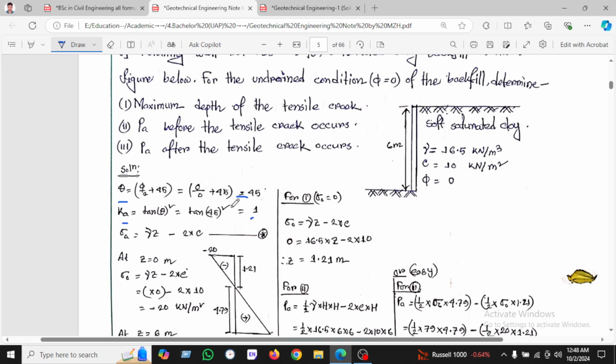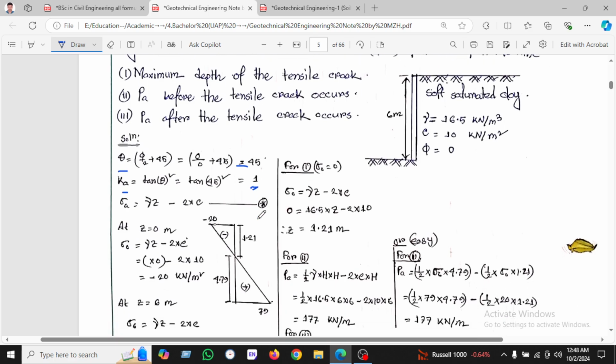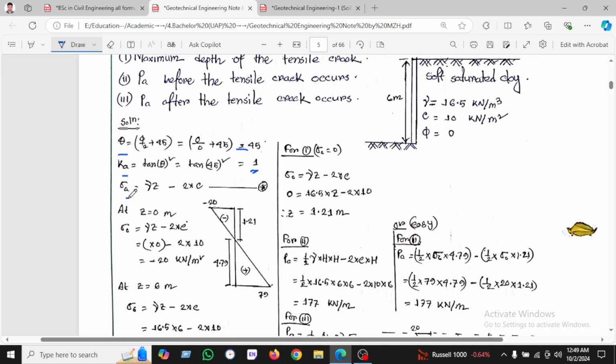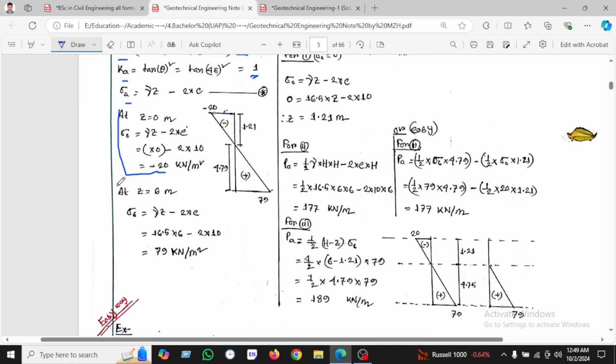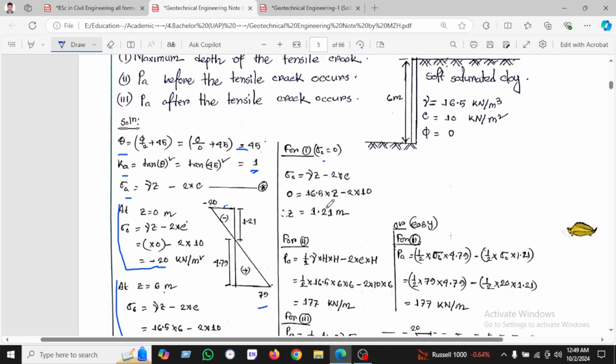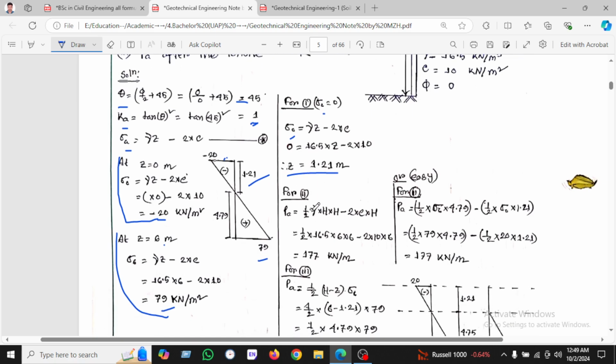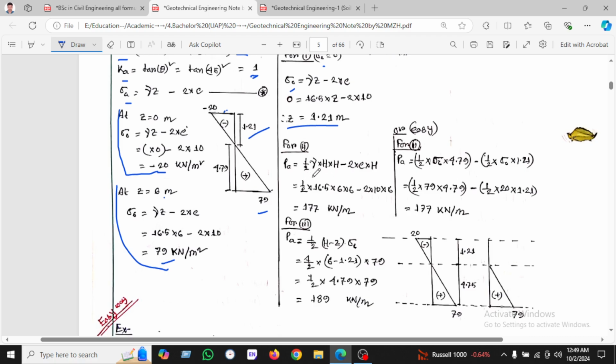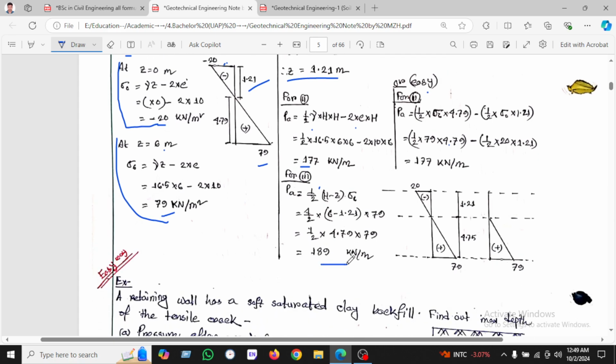If you use 1 minus sin phi by 1 plus sin phi, then we will see the value will be 1, and when z equal to 0, then we can find the stress minus 40, and when z equal to 6, then we can find the stress 49, and for 1 we can see the stress equal to 0 and z equal to 1.21, and for 2, up into height, found 177, or in this way you can use there, and from 3, up into h into 3, found 189.